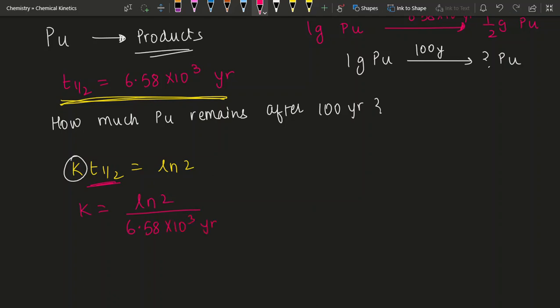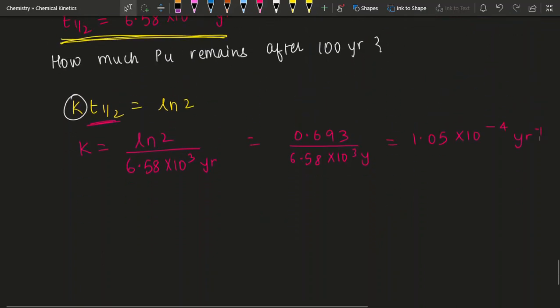Whenever you're doing problems in chemical kinetics, especially with half-lives, just remember to include units as well. Now if you write this, you would have 0.693 over 6.58 times 10 to the power 3 years. That is equal to 1.05 times 10 to the power negative 4 years inverse, so 1 over years. And that is the rate constant.